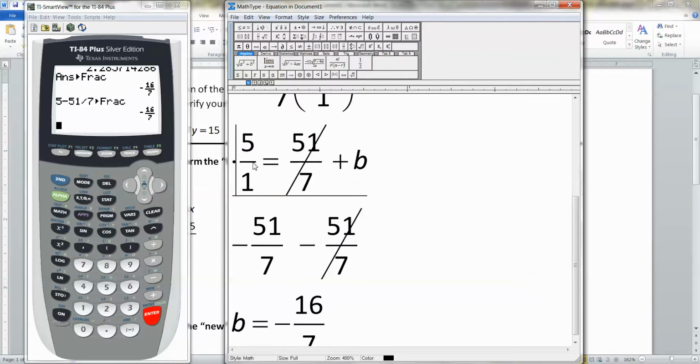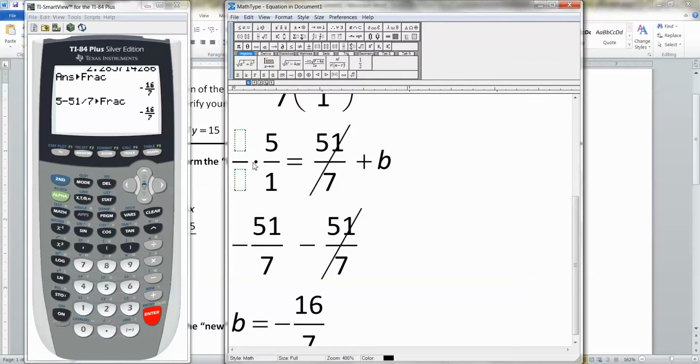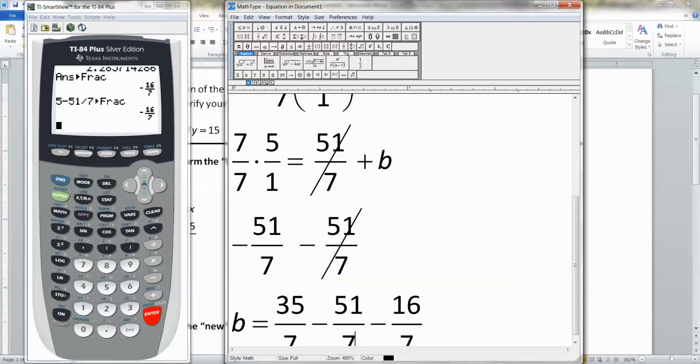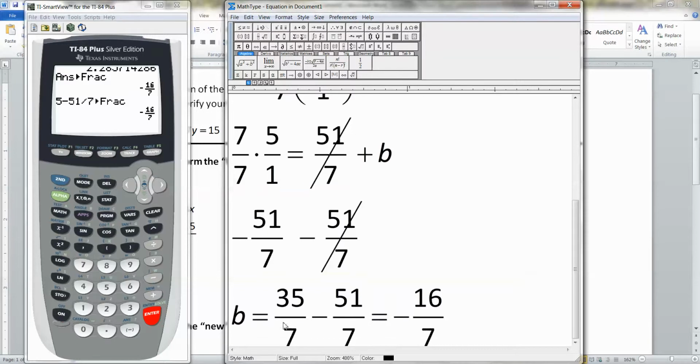So you'd write it as 35 over 7 minus 51 over 7, which is equal to negative 16 over 7. So that's how to do it longhand, or that's how to have the calculator help you out.